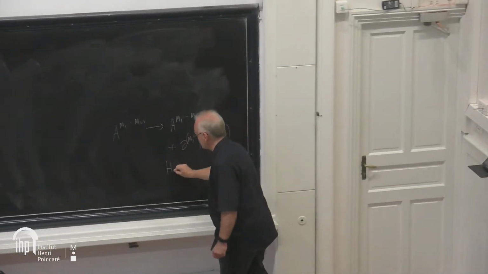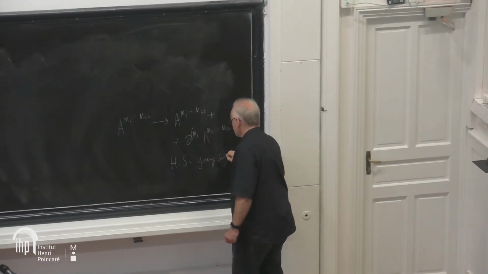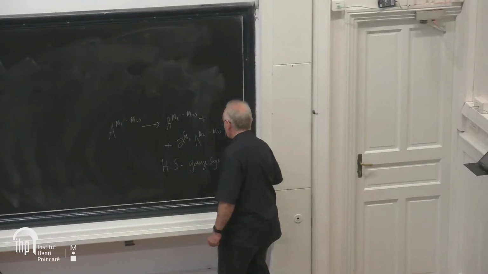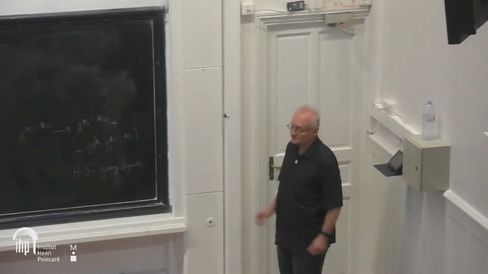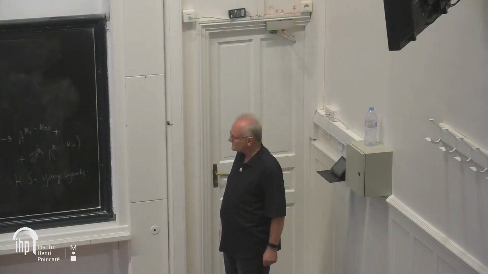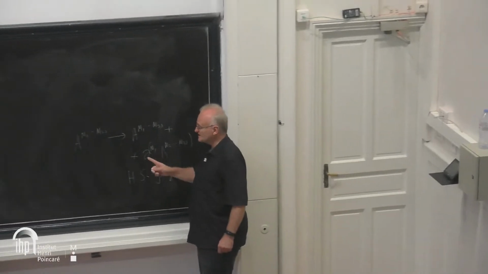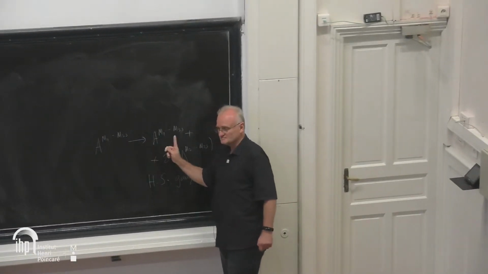And this is the higher spin gauge symmetry. So there's an independent gauge symmetry for every gauge field. So it's symmetric, not antisymmetric? It's not a form? This is completely symmetrized.